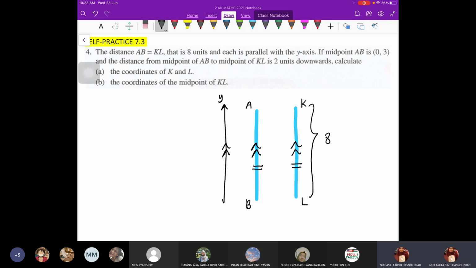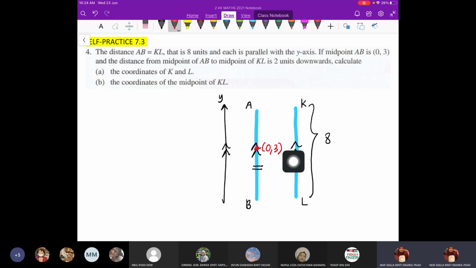Okay, so kita tengok balik kepada ni. If midpoint AB is 0, 3. So dia kata AB, midpoint tengah-tengah dia ni adalah 0, 3. Okay. And the distance from midpoint AB to midpoint of KL is 2 units downwards.